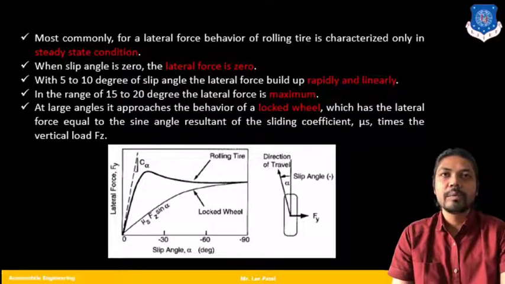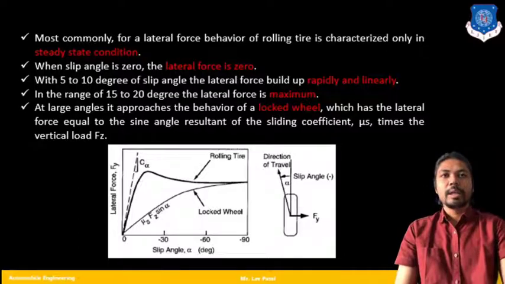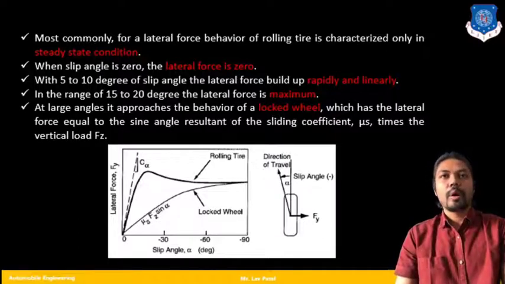Again in the range of 15 degrees to 20 degrees, the lateral force is maximum. And at large angles, if we are talking about 30 degrees, 45 degrees, it behaves like a locked wheel. My vehicle's wheel is going to be locked.